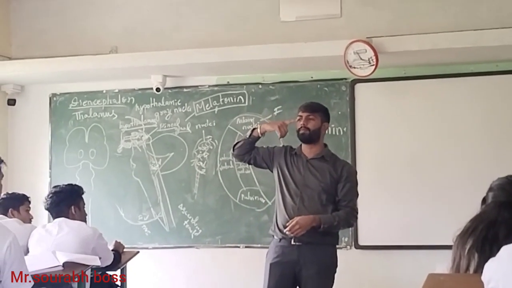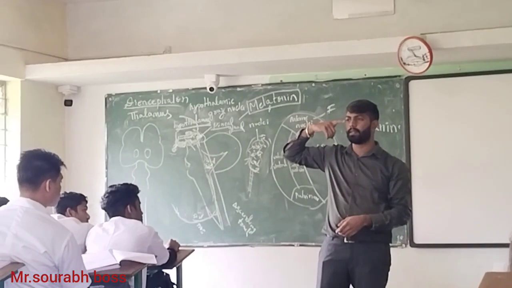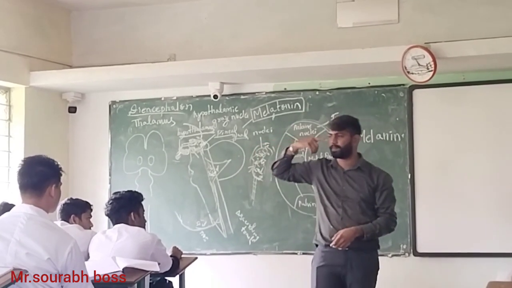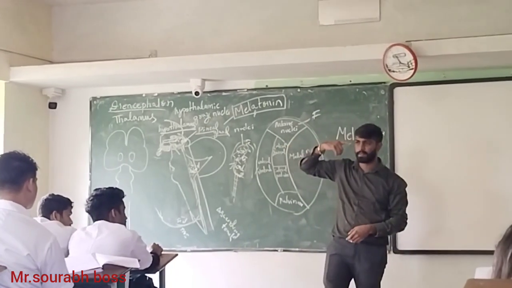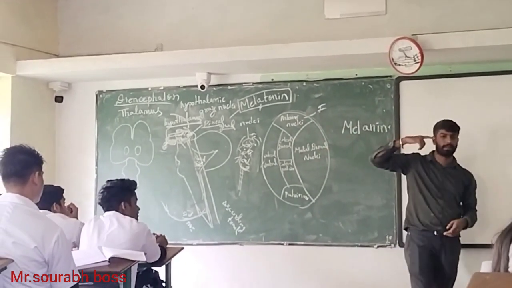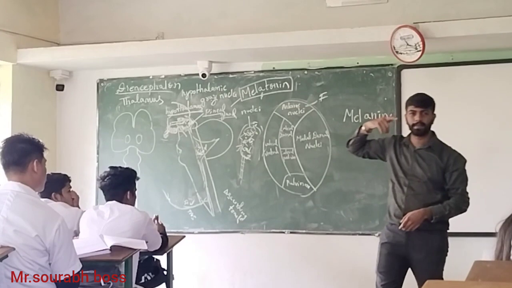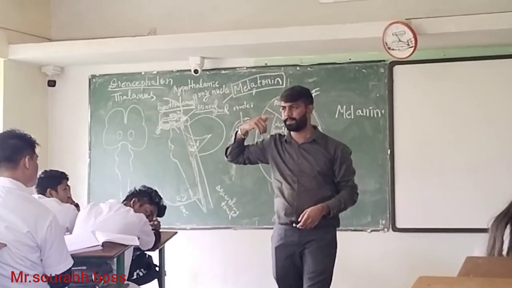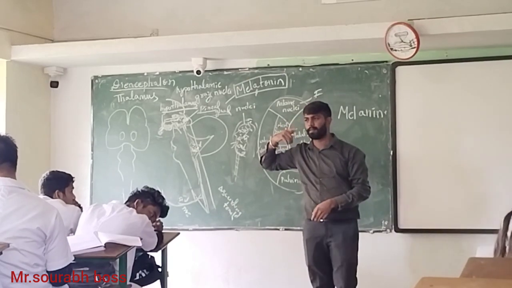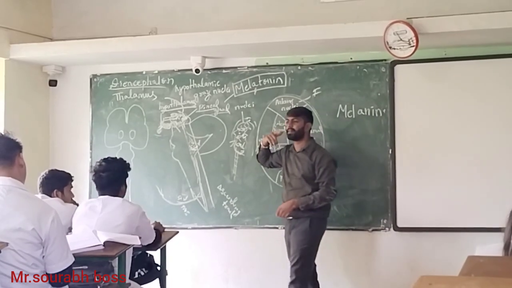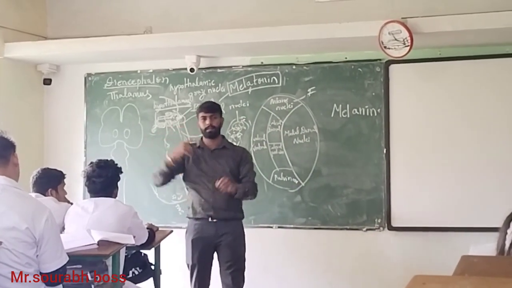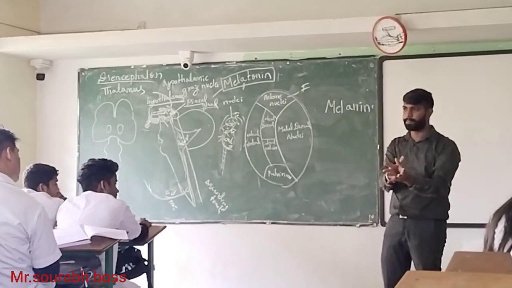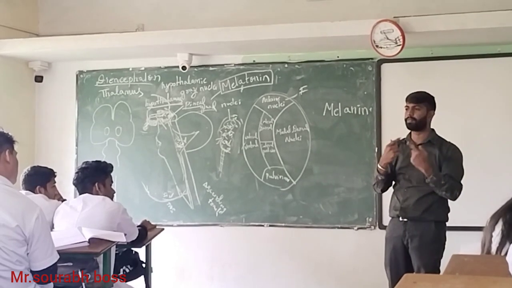It can do some pupil constriction, correct? Or dilation. Which one? Sympathetic. Pupil dilation or constriction? Pupil dilation. Expand. See, if you are scared, if you are looking at something, you need a clear image of that, right?